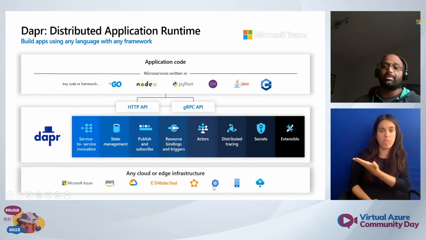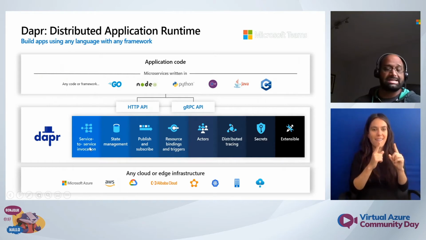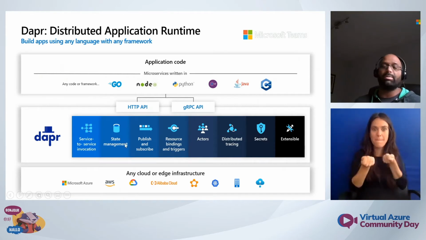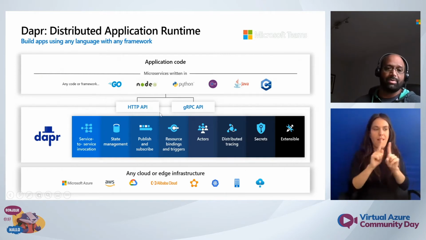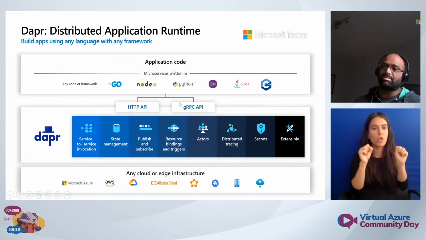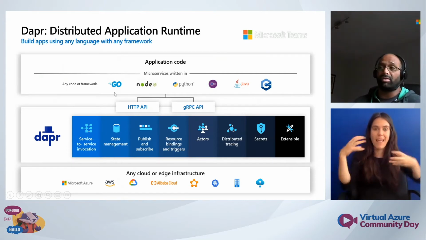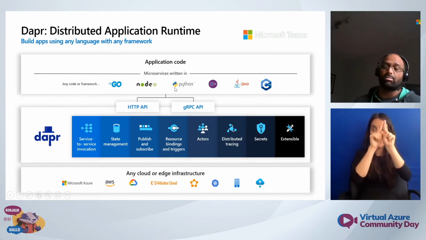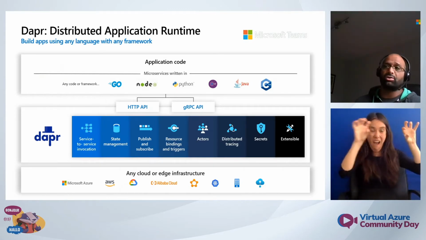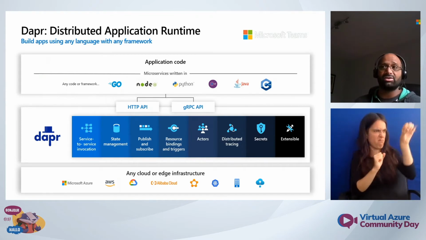These Dapr building blocks, like service to service invocation and state management, are all exposed as standard HTTP and gRPC APIs. So you can make use of these building blocks in any code and framework, for example Go, Node, Python, .NET, Java, C++, and more. When I show you some demos, you will see how you can make use of these building blocks in your application by just calling standard APIs.